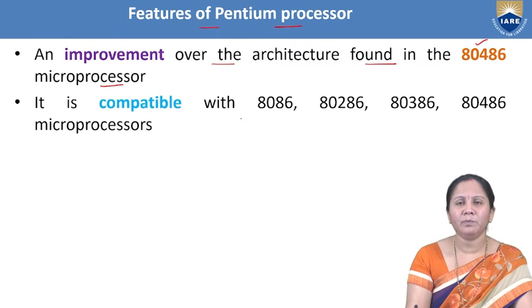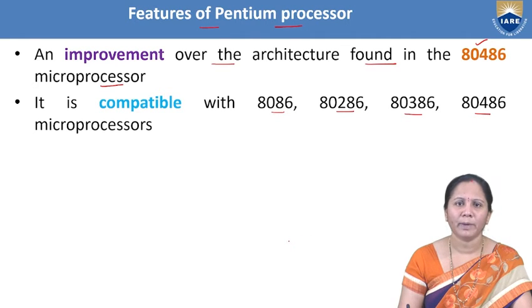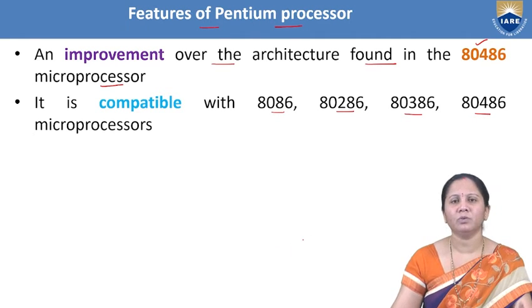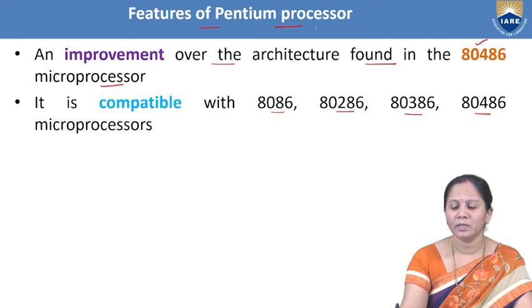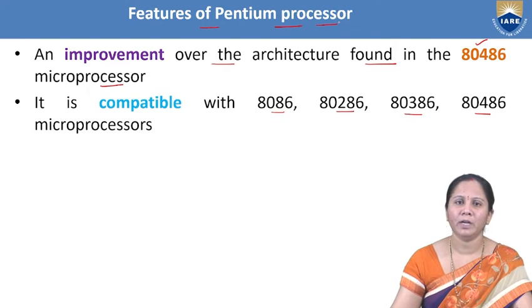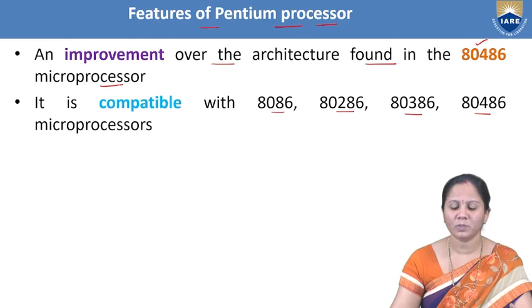The Pentium processors are compatible with the 8086, 80286, 80386 and 80486 microprocessors. That means if you want to use the instruction set related to 8086 or 80286 in order to write programs, we can use the same instruction set for the Pentium processor also. That is why it is compatible with the previous processors.